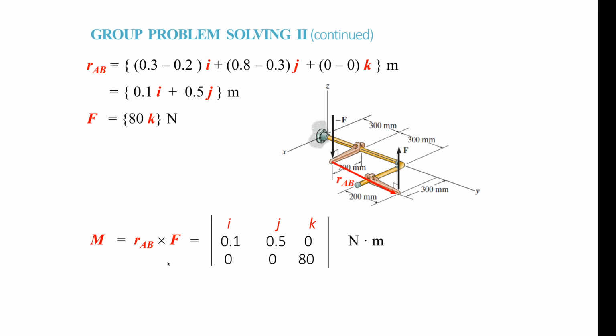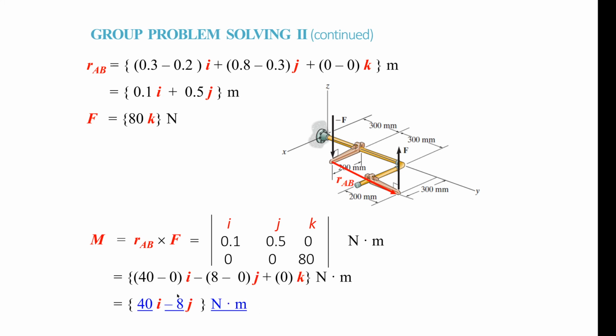F is just 80K newtons. Okay, so it's in the K direction, just 80 newtons in the K direction, right? And then just do the cross product of that. And your end result is just going to be 40I minus 8J Newton meters. Okay. So not too much.